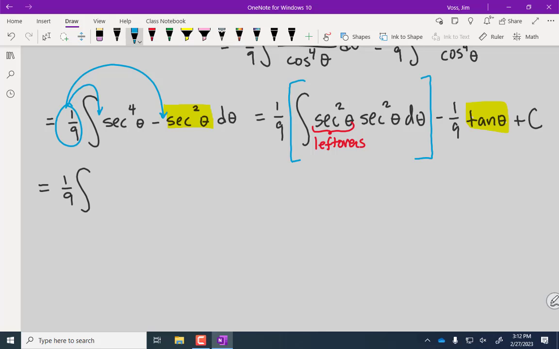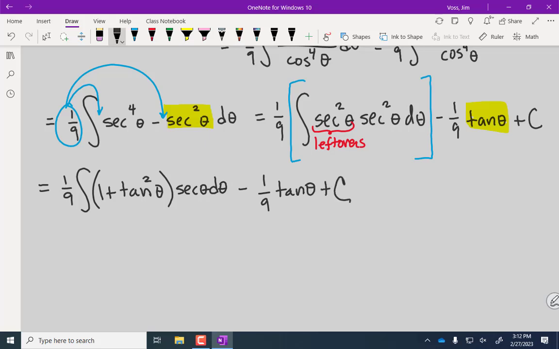Okie dokie. And I think I heard someone say 1 plus tangent squared somewhere. And then what are we going to let u be for that left integral?